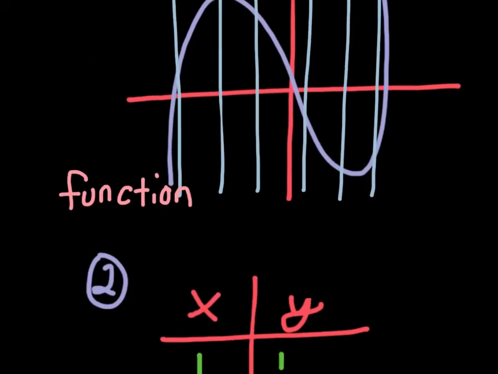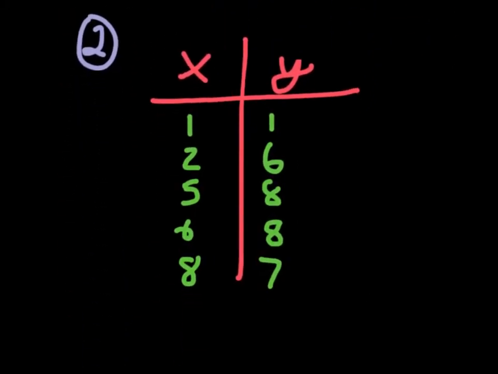Alright, now let's go down and do number 2. Number 2, we have an input-output table. So let's find anywhere that we have the same x value giving 2 different y values. 1 gives us 1, that's fine. 2 gives us 6, that's fine. 3 gives us 8, that's fine. 6 gives us 8, that's fine. 8 gives us 7, that is fine.